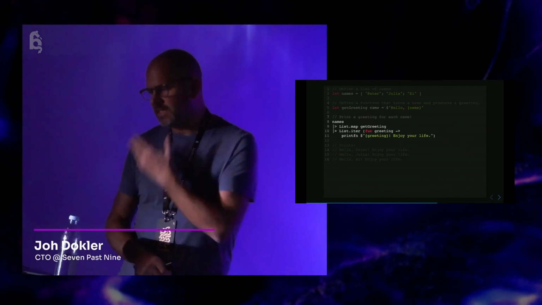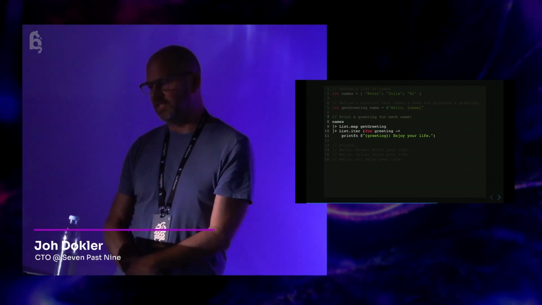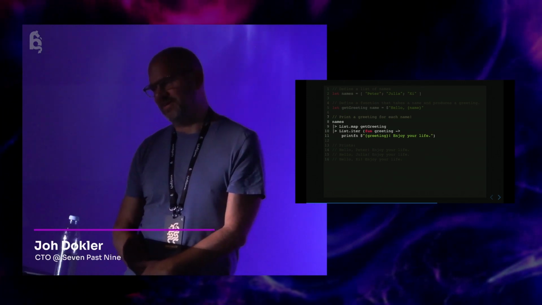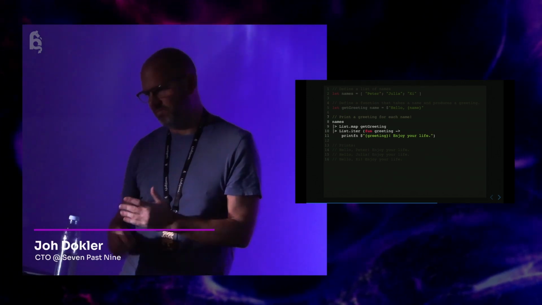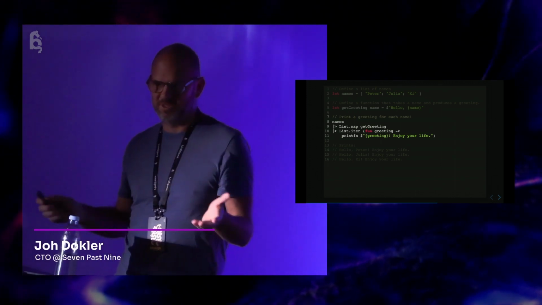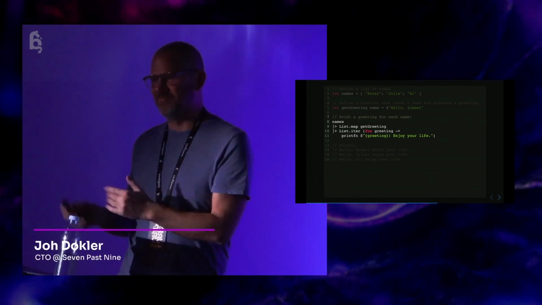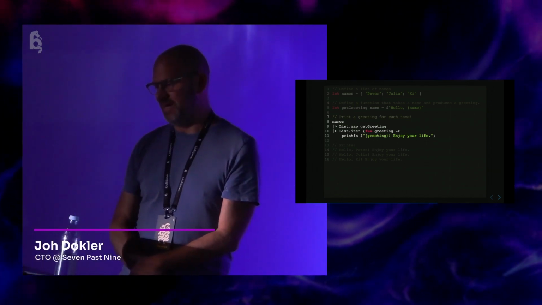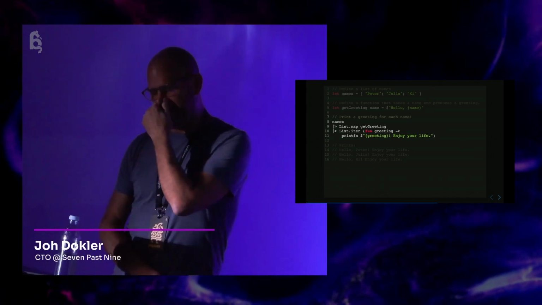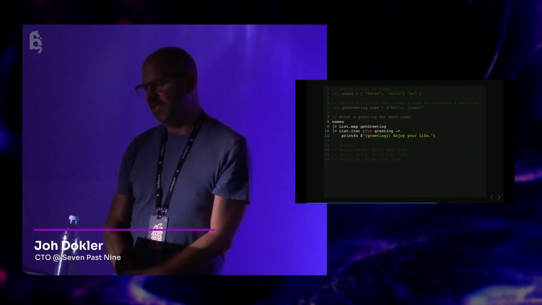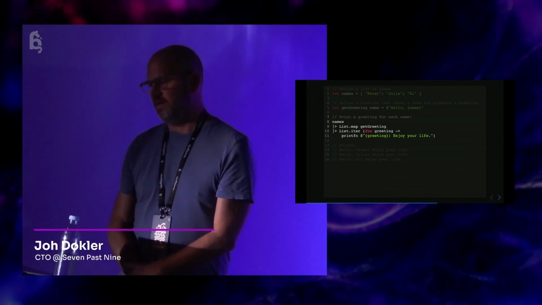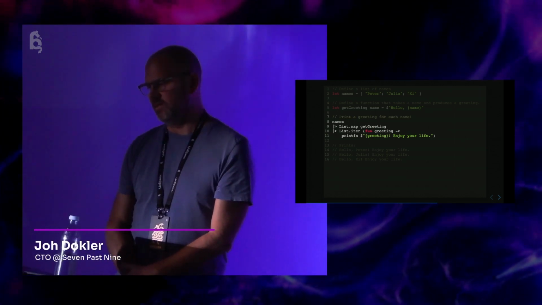Then in the next step, we take this list of names and we pipe it to a map function. I'm sure most of you are familiar with the map function in JavaScript, so another hint of where things might be moving. The result of this is then passed into iter, which just iterates through the list and prints whatever the result is.